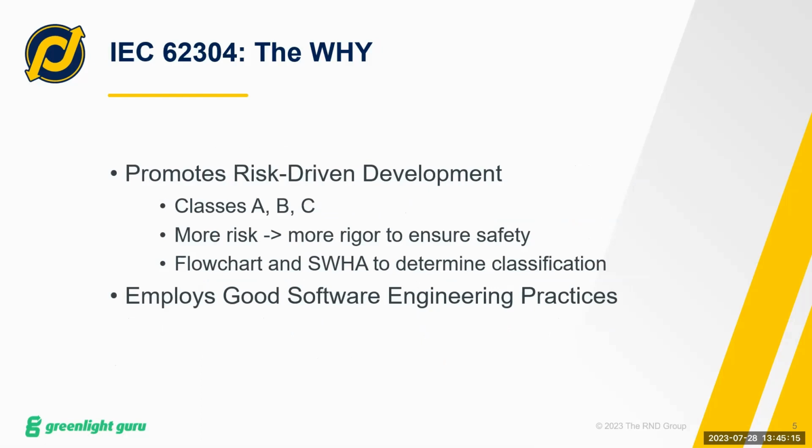And the more risk that's involved with your piece of software, your software system, or if it's further divided into software items or units, the more rigor that you are to apply to ensure safety. In the standard, there's a flow chart that helps you figure out what classification to assign to your software. And you also will use the results of your software hazard analysis to further refine that answer.